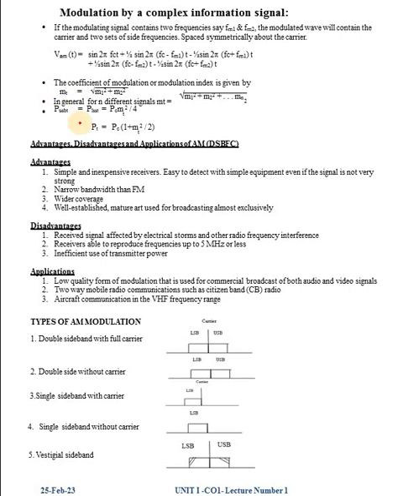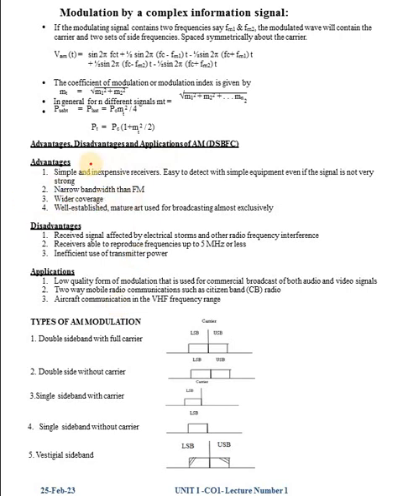So what is the carrier power? The total power can be written with PC as MC square by 4. So PT is equal to PC into 1 plus MT square by 2. Here we have MA, but in the case of a complex information signal, MA is replaced by MT. That is the only difference.